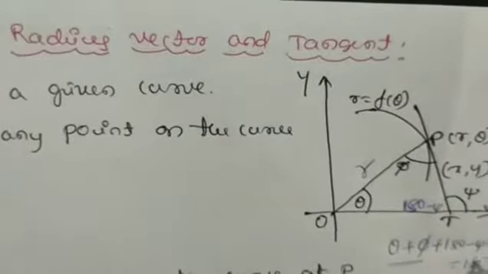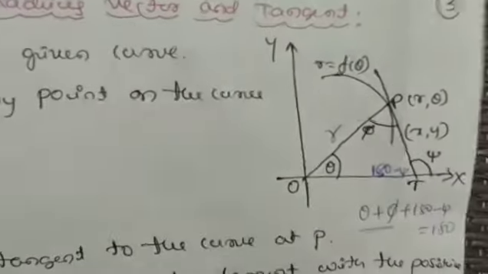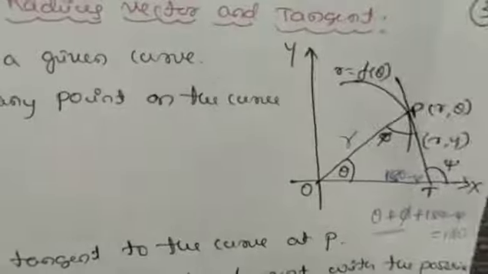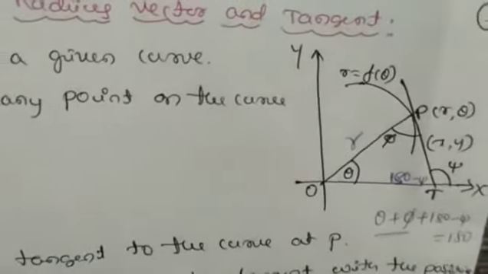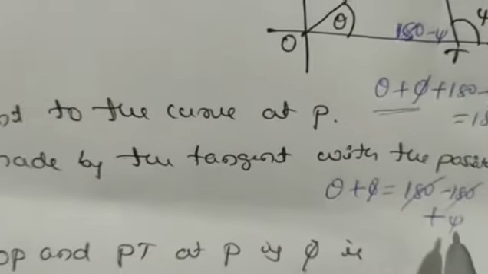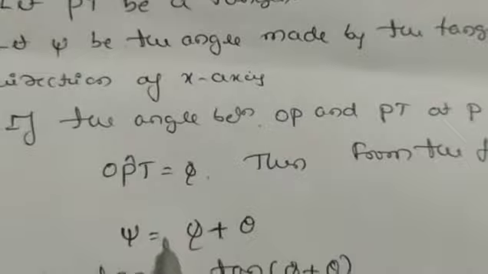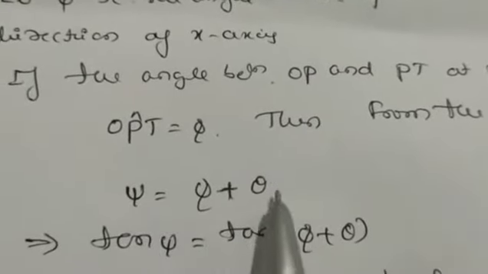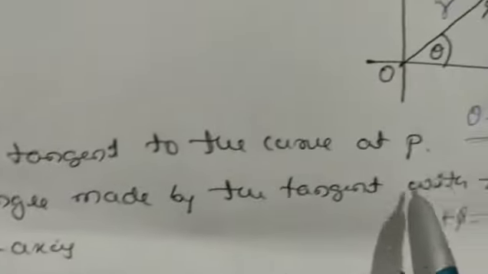Take these two terms to this side. This implies theta plus phi is equal to 180 minus 180 plus xi. The 180 minus 180 get cancelled. So what we got here? Theta plus phi is equal to xi. So from this figure we can say that xi is equal to theta plus phi. I hope you got this.